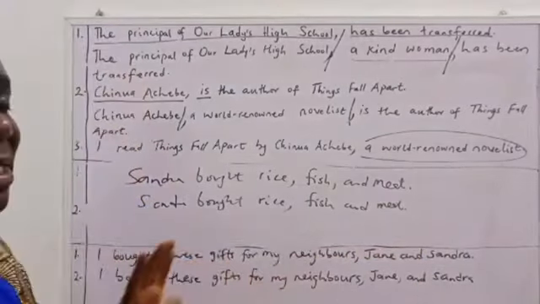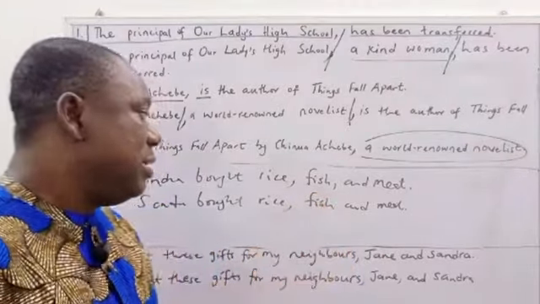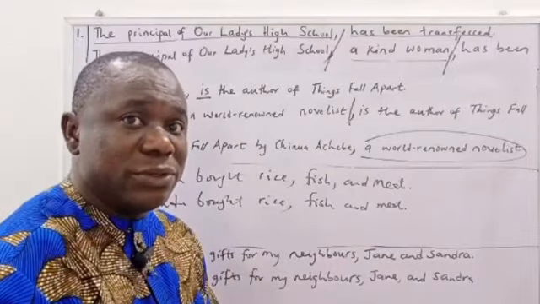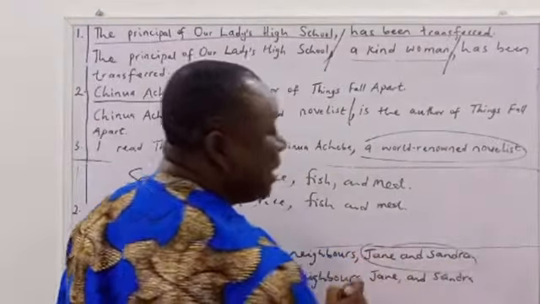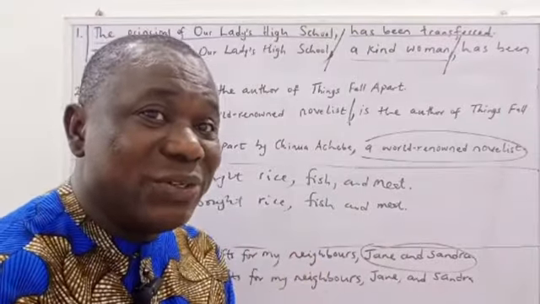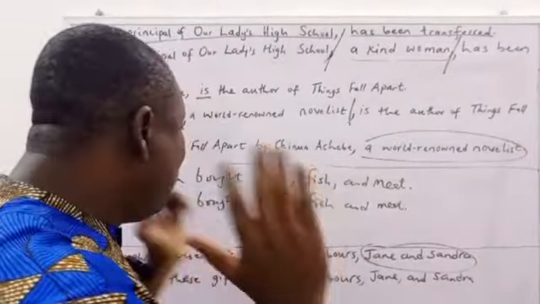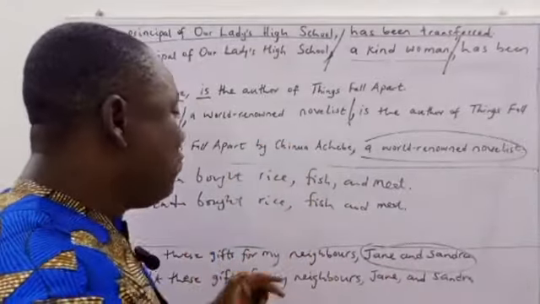Now, if you leave the sentence the way it is, what the sentence simply means is that Jane and Sandra are your neighbors. They are explaining neighbors. If you remove them, the sentence is fine. I bought these gifts for my neighbors.